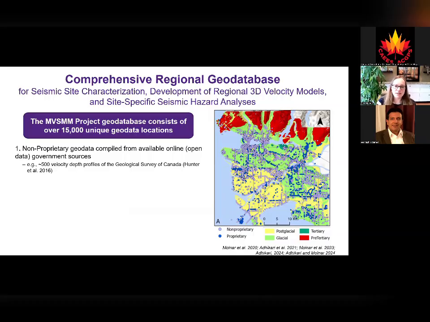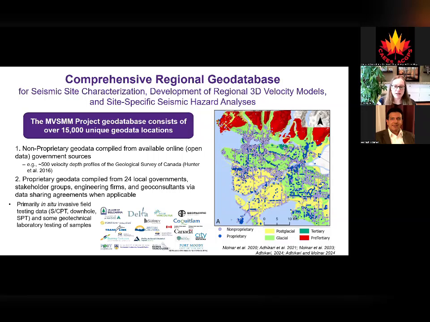It had to be assembled and compiled, and it took us many years to do so, first by looking for available information online, usually from provincial and federal government sources, and then also talking to those who have collected geodata in the past and asking them to share access to that data through data sharing agreements for the purposes of seismic microzonation mapping. In the end, we created a geodatabase that has information about subsurface ground conditions at over 15,000 unique locations.